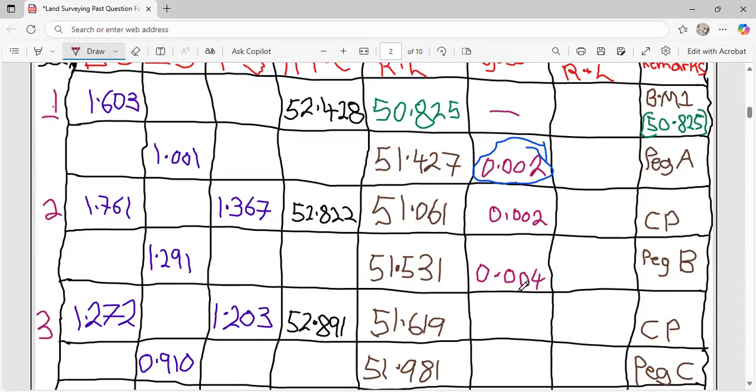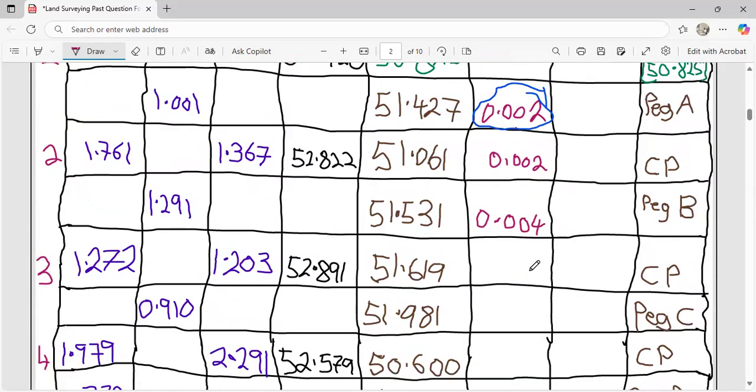So we have to record this adjustment twice. This is the first one we have recorded. We also have to write over here 0.004. Okay, good. Because two readings were taken, that is why I recorded this twice.